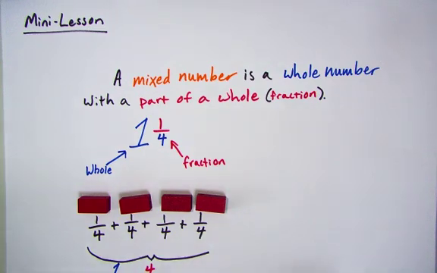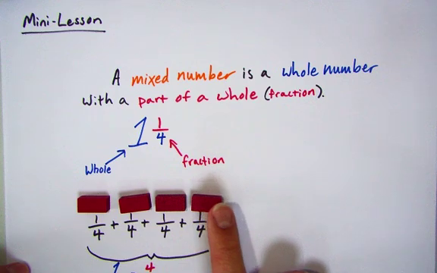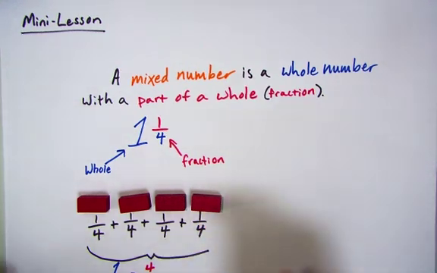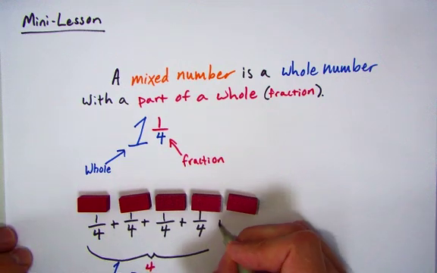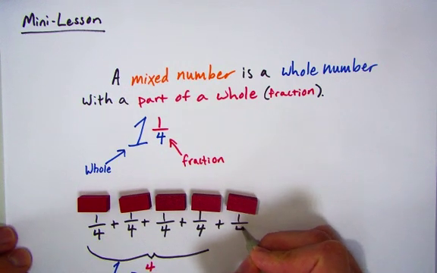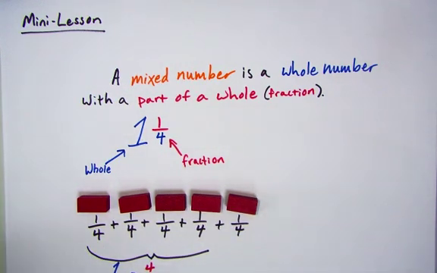So let's go back to this addition sentence. Mr. Jose wasn't done. He gave Miss Khadijah another 1/4. Now we're getting to a mixed number, because right here we have one whole plus 1/4.